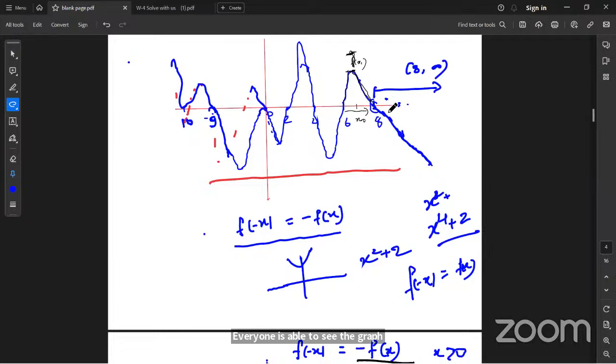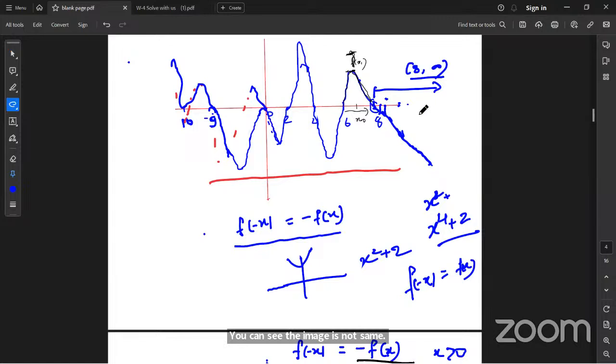This is one-to-one because your domain is 8 to infinity, right? If your domain is 8 to infinity only, then you have to see this axis only. Now just choose any two points in this domain. You can see the image is not the same, right?